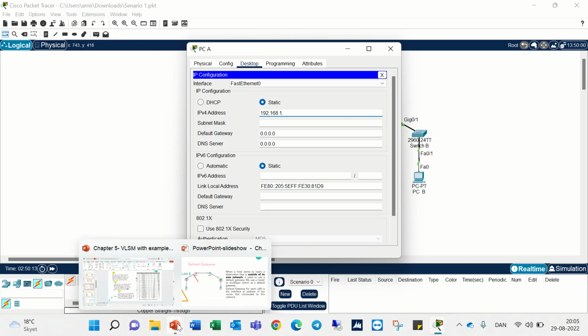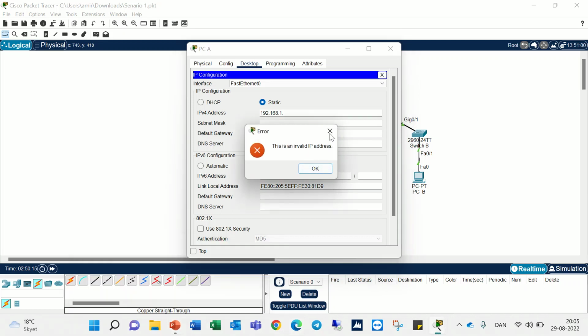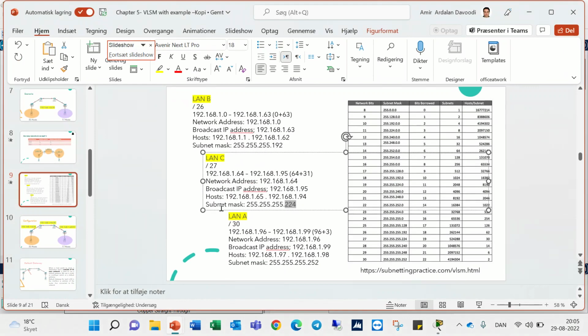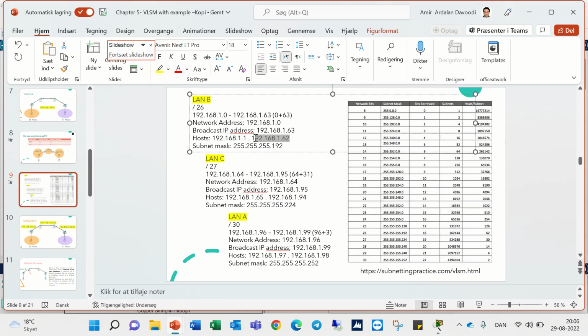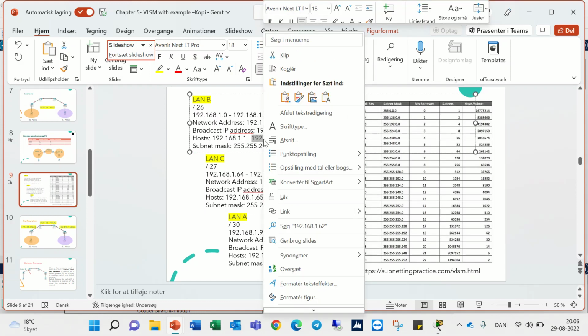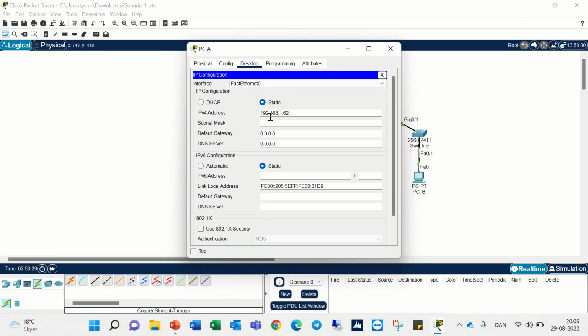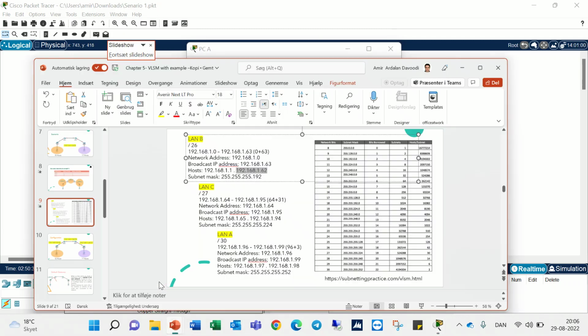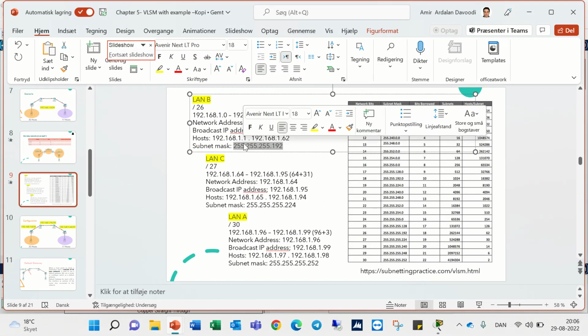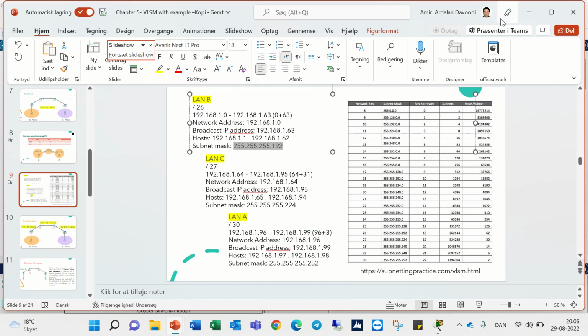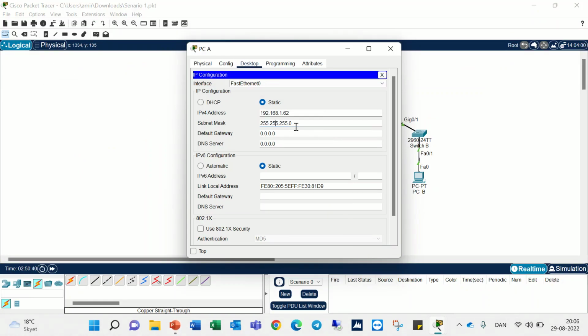This is in LAN B. Yes. And the last IP address, you can use it for PC here. And what is subnet mask? And subnet mask is this one, because it is a LAN B.